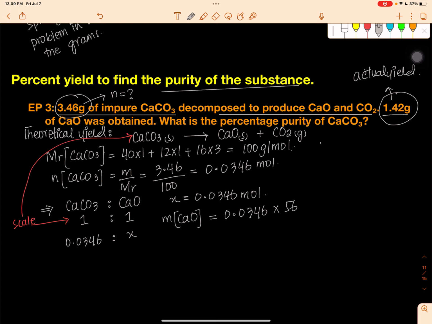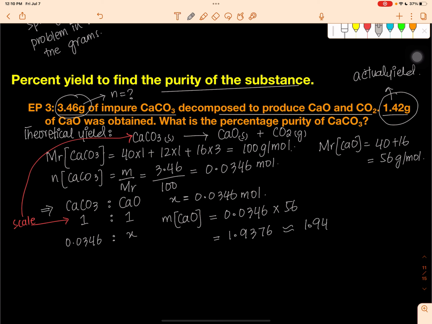How? Because if you look at the Mr calculation of calcium oxide, this is 40 plus 16. This is actually 56 grams per mole. So 56, and what do we get? 0.0346 times 56. We have 1.9376, or you can say this is 1.94 grams of calcium oxide that could be received.